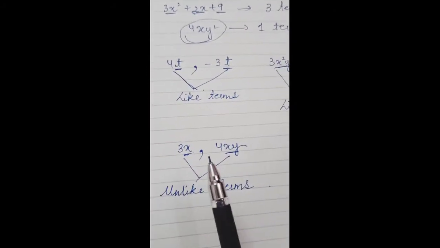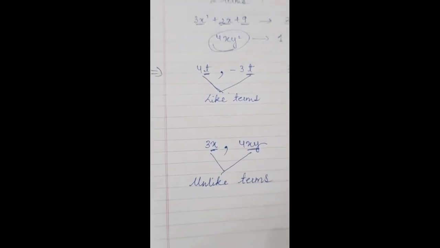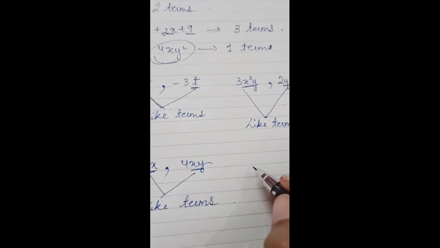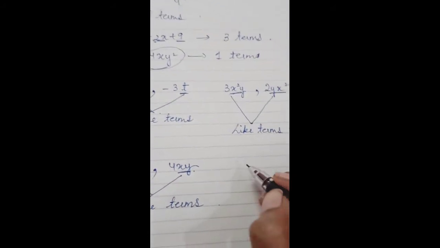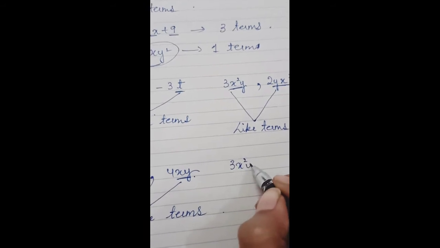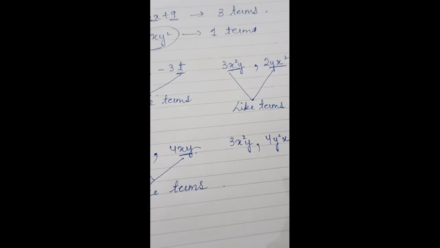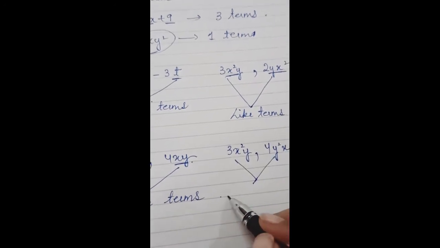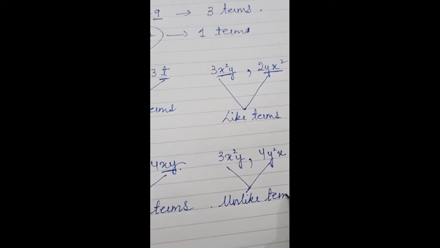Terms having different algebraic parts are called unlike terms. For example, 3x and 4xy, or 3x square y, 4y square x, they are also unlike terms.